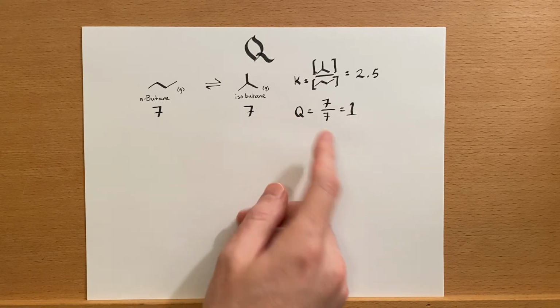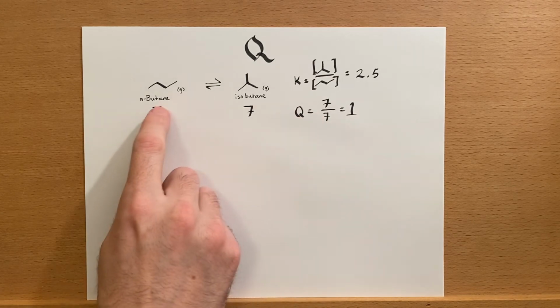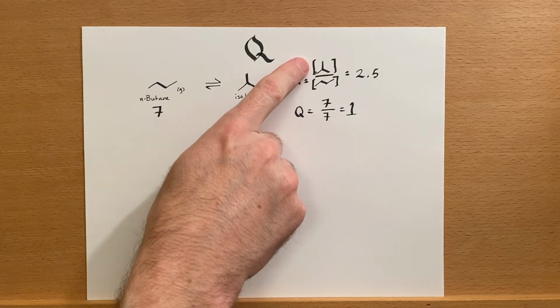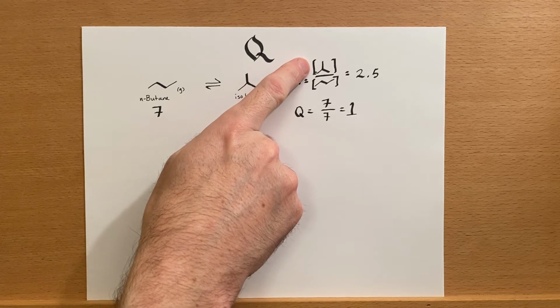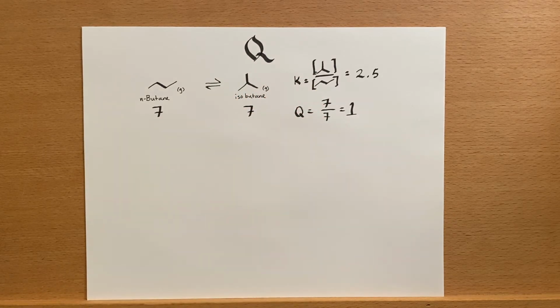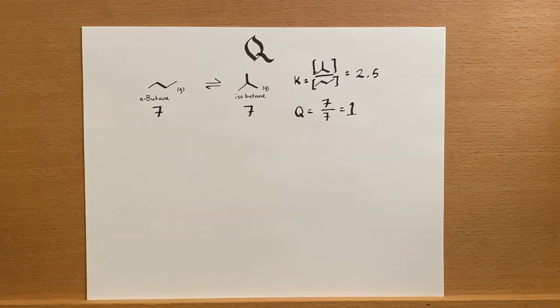Now, how do we make a number bigger? Well, we can start transferring some of the reactants to make more products because the products are on the top of the equilibrium expression. That will make this number larger, right? So let's just say that we take 3 of the N-butanes and turn them into isobutane.